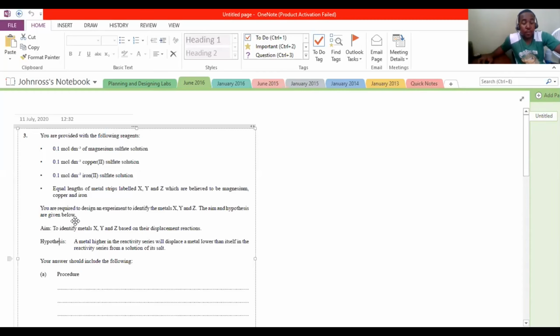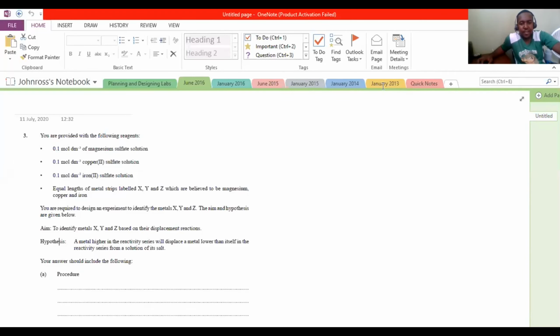For this one, it's easy because your aim and hypothesis actually tell you which topic it's based on. But let's ignore that there was no aim or hypothesis here. How would we know which topic this problem is based on? Anyone want to try that?